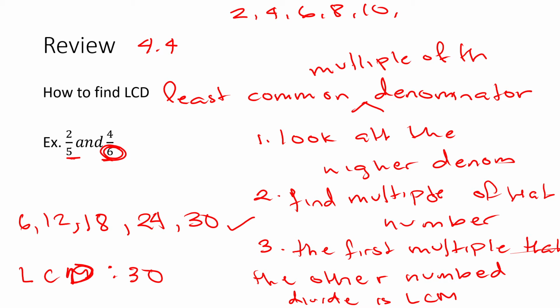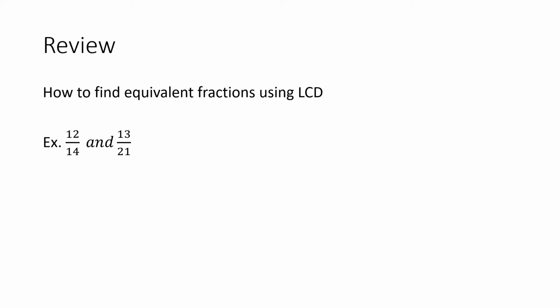Now let's move on to the other review, finding the equivalent fraction using the LCD. There are basically 2 steps here. One is find the LCD, and the second step I can't really explain in words, I'll just show it to you guys. So first of all, let's find the LCD. Here we have 14 and 21.